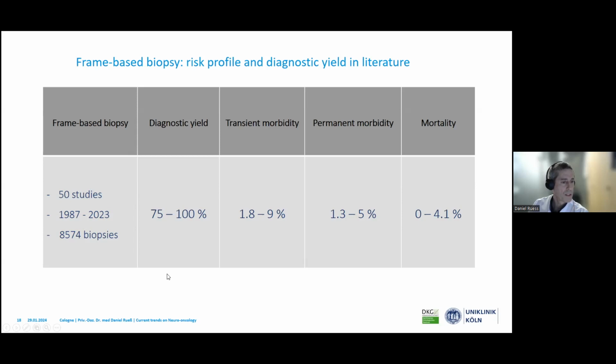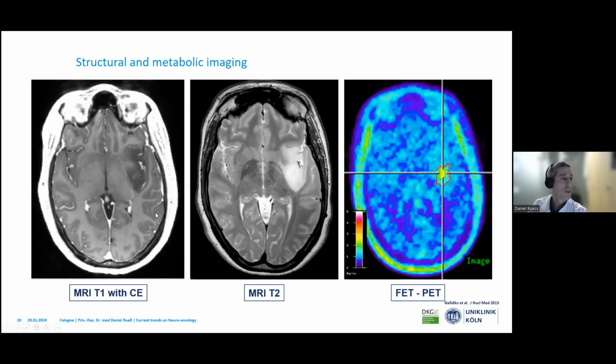The reason for that is the imaging, I think, because you can only be as precise as the images are. We did not have these thin-sliced CT images, and also MRI images in the 80s and 90s. And also we did not have metabolic imaging as we have it today.